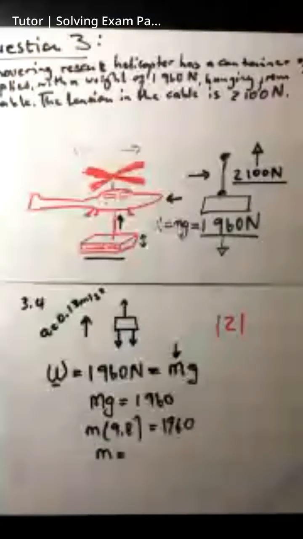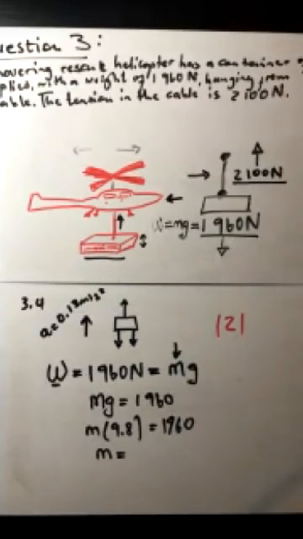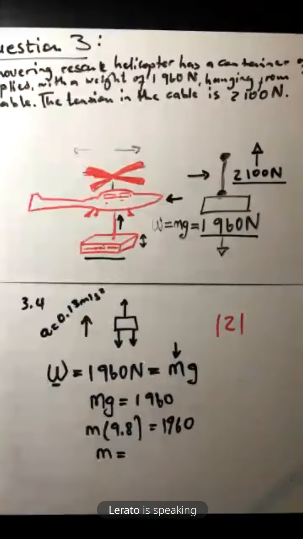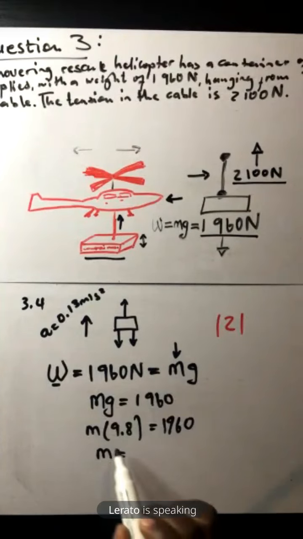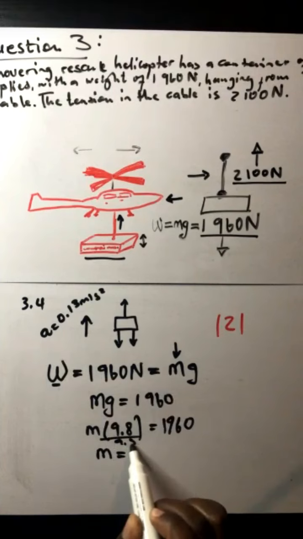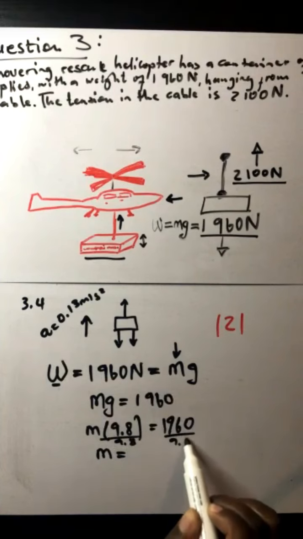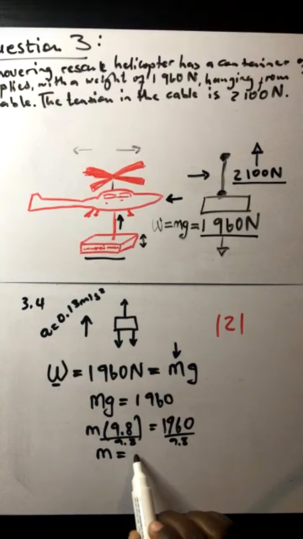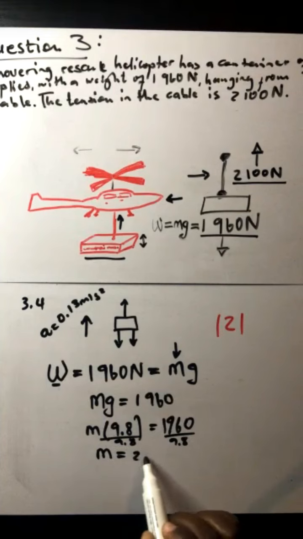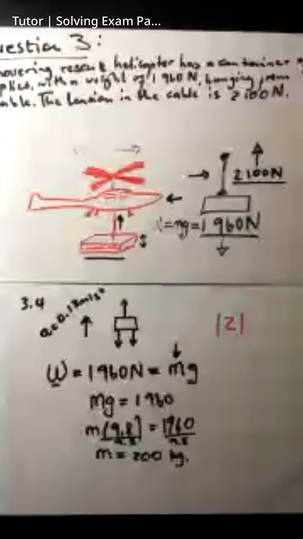How did you get that answer? Who was it? How did you get the answer? So I divided by 9.8 on both sides. Then on the left hand side, you divide by 9.8, 9.8. So you're getting 200 kg, right? Yes.